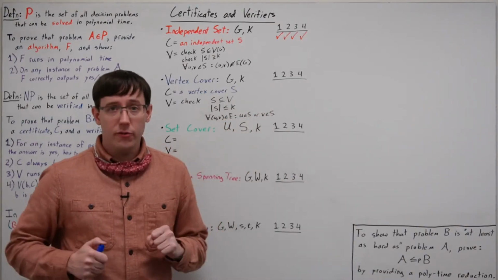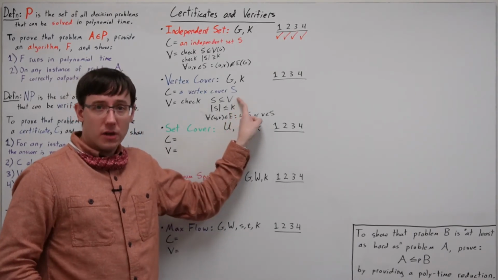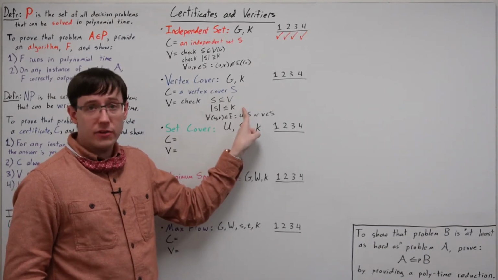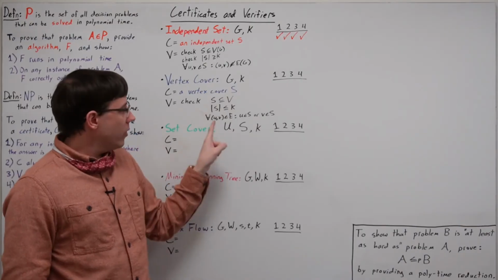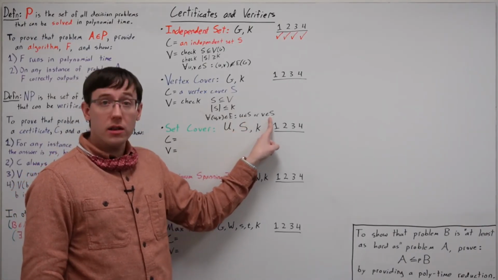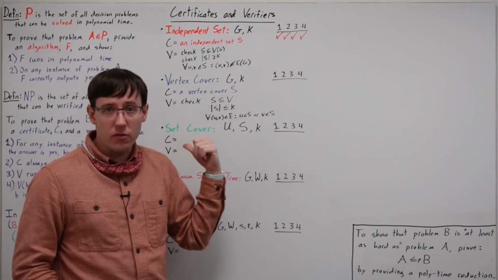Our verifier for vertex cover checks that we have given a subset of the vertices, that the size of that subset is less than or equal to k, and for every edge in the graph, we have one end or the other of that edge in our vertex cover.